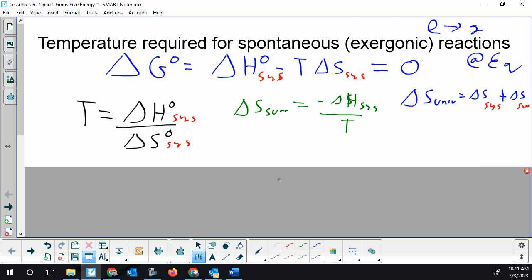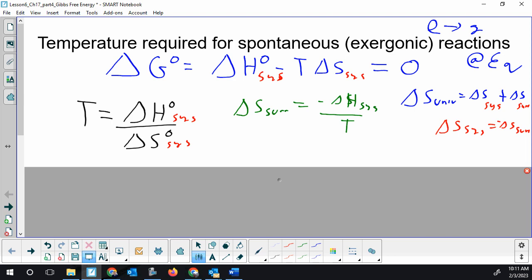And this is going to equal 0 if we're at equilibrium. So the change in entropy of the system is equal to change in entropy of the surroundings, except for a minus, if you're at equilibrium.